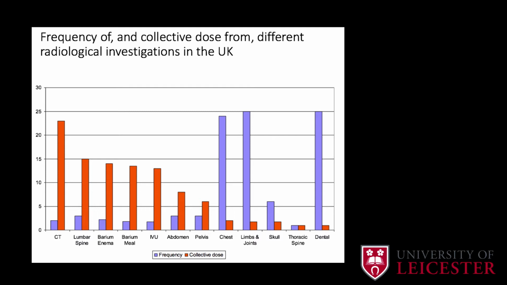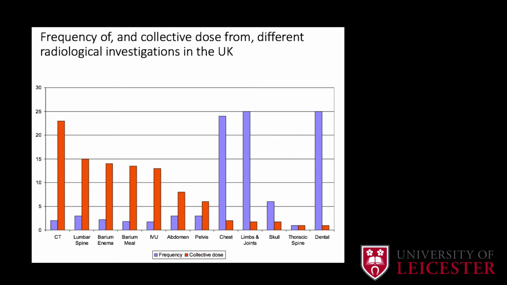The blue bar indicates the frequency of these investigations, how frequently we do them, and the red bar illustrates what dose burden in the population is associated with these investigations. And you'll see that although we do much fewer CT scans than dental X-rays, the radiation burden associated with the CT is much, much higher.